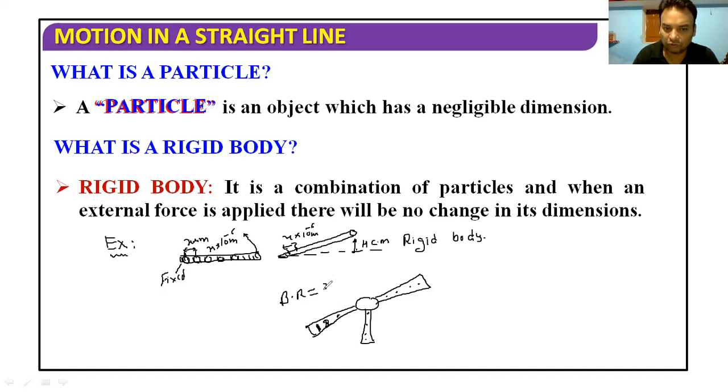Suppose it is 2 centimeter. Now switch on. When the switch is on, by some method, again try to find the distance between these two marks, by pen or pencil. If that is not changing, if again the distance is 2 centimeter, then the blade of the fan, or the whole fan, is a rigid body.